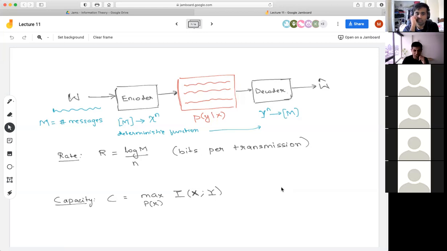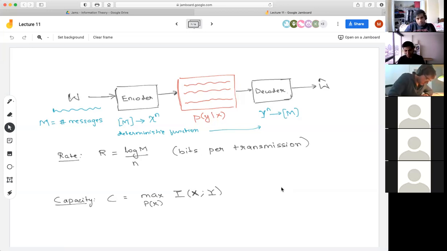And the capacity of the channel, this is a quantity we talked about earlier as an example of computing mutual information. We'll see much more about it. Remember, the channel itself is specified by some conditional distribution. So if I send a symbol x, what does the outcome y look like? The joint distribution is not yet defined because we haven't decided what the distribution of x is.